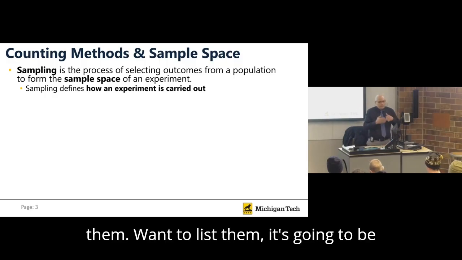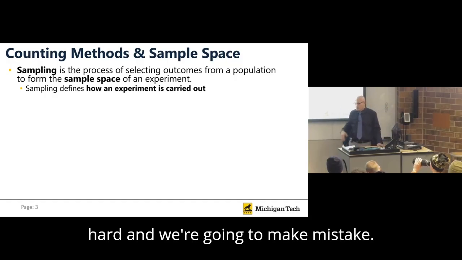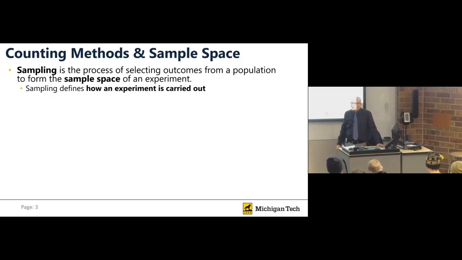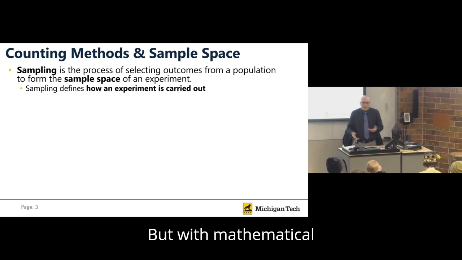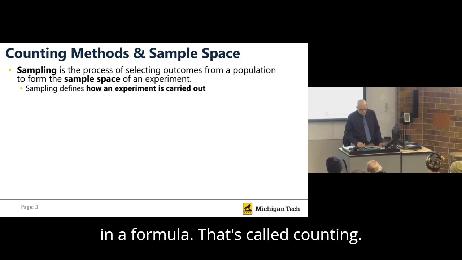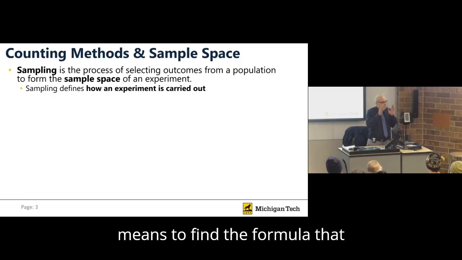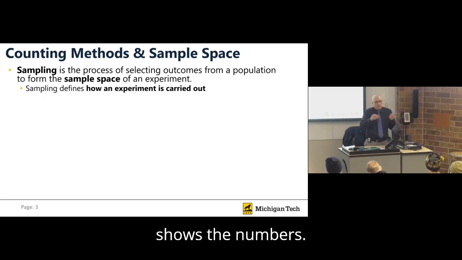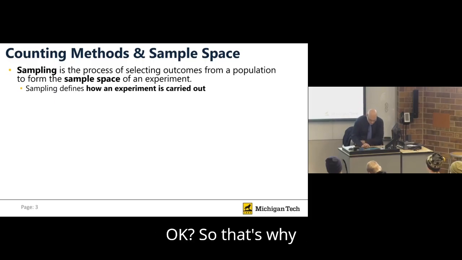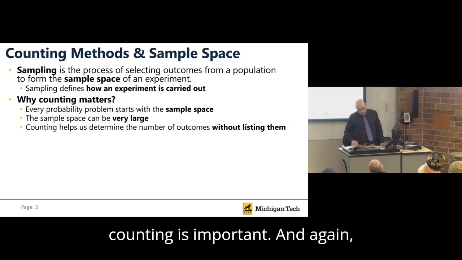If you want to list them, it's going to be a lot of numbers, and counting them is so hard, and we're going to make mistakes. But with mathematical methods, we can summarize it in a formula. That's called counting. Counting doesn't mean to just count, it means to find a formula that gives the numbers. So that's why counting is important.